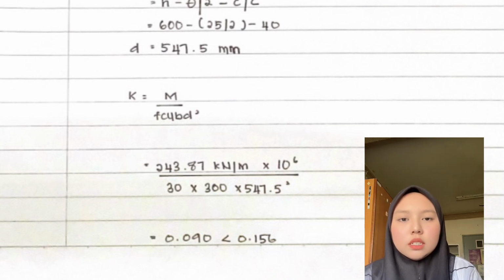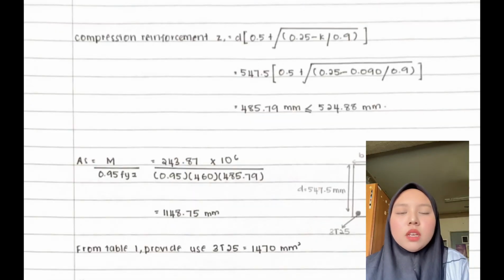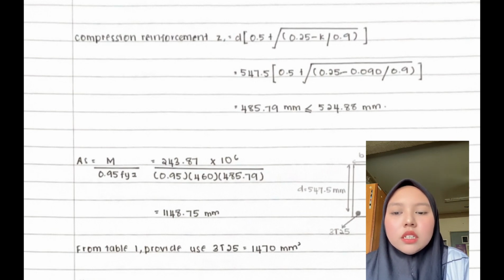So it's below 0.156. Next, compression reinforcement. For compression reinforcement, Z equal to D in bracket 0.5 plus square root 0.25 minus K over 0.9.